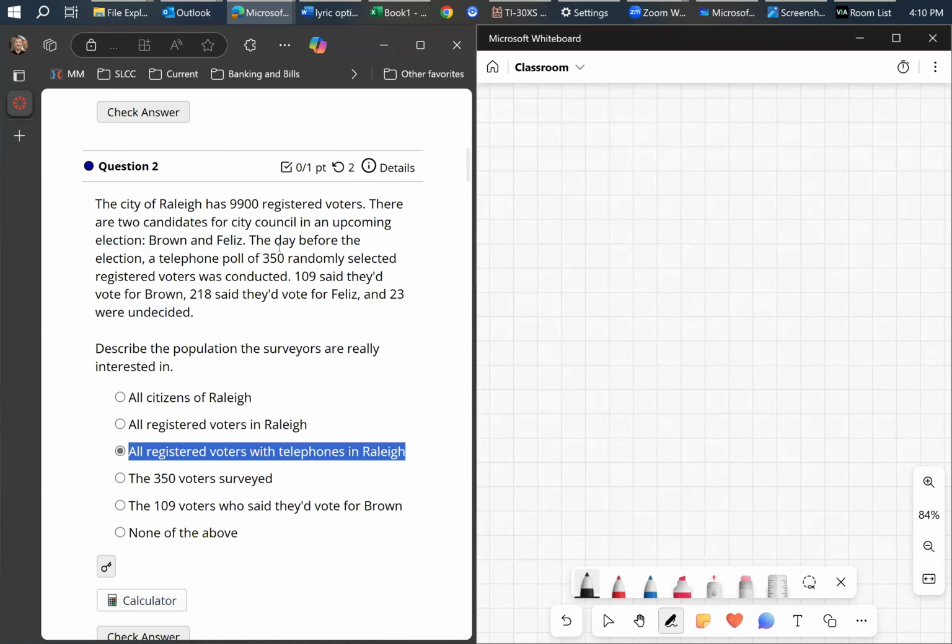The fact that they are doing this poll via a telephone means they have built-in bias in their sampling technique. They're only finding out about the registered voters with telephones, so it's not going to be very representative. That's called a sampling bias. The 350 voters surveyed, that's the sample. 109, that's a statistic in the sample. So the correct answer is all registered voters in Raleigh.